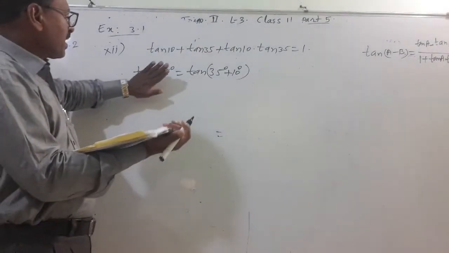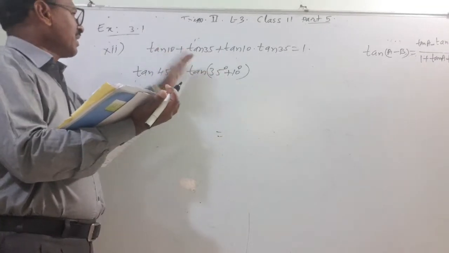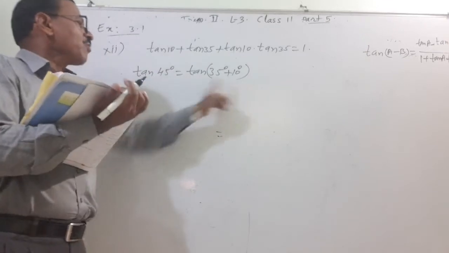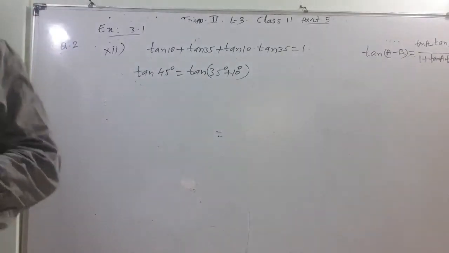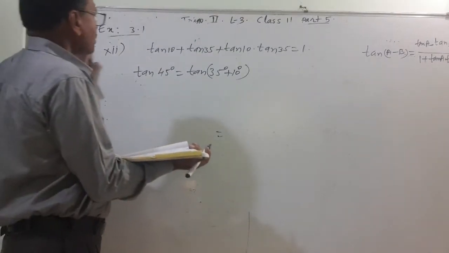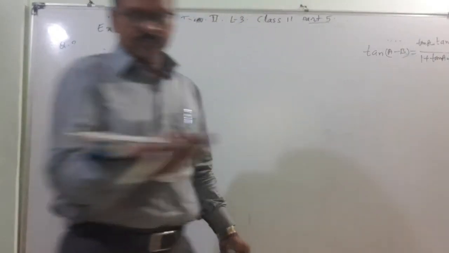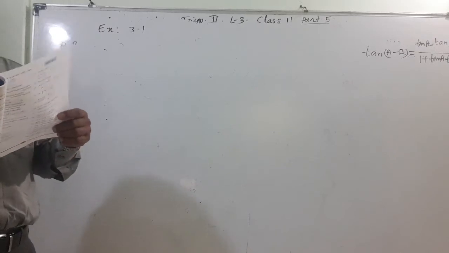Only expand this, tan of 35 plus tan of 10, and you will get this. Tan 45 means how much? 1. 1 upon 1 minus tan A into tan B. This will come and you can do it. This is all for your homework. Hope that you have understood this.